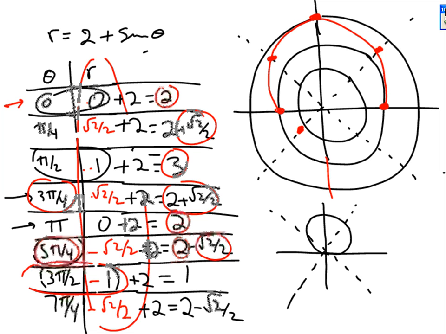Now, this circle looks a little bit off-centered. Let me try to draw it a little bit better. Okay. So now, at 3 pi over 2, I'm at 1.